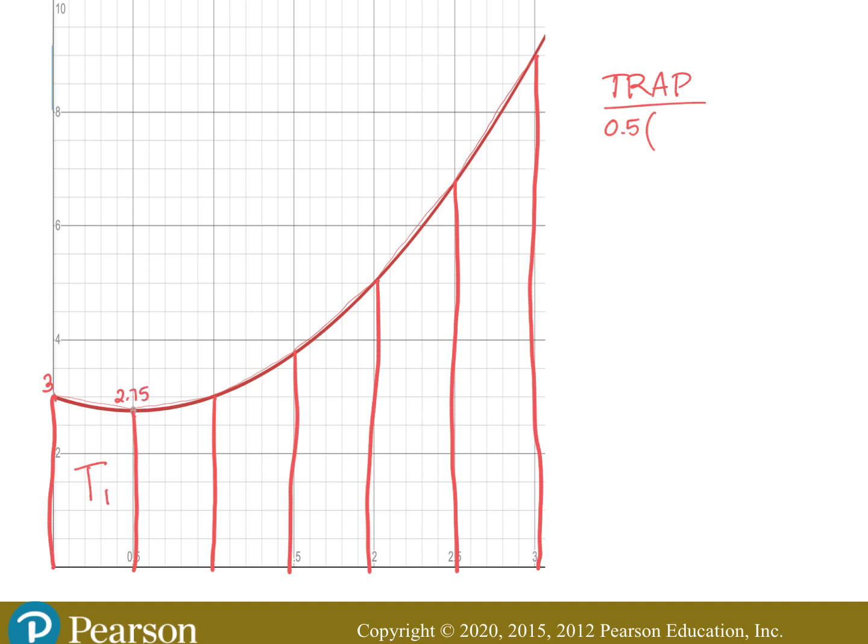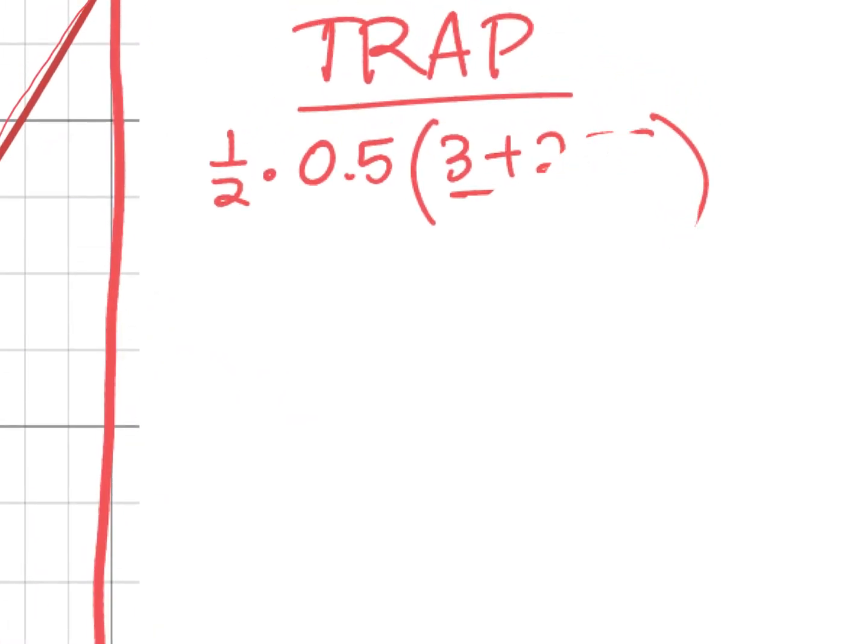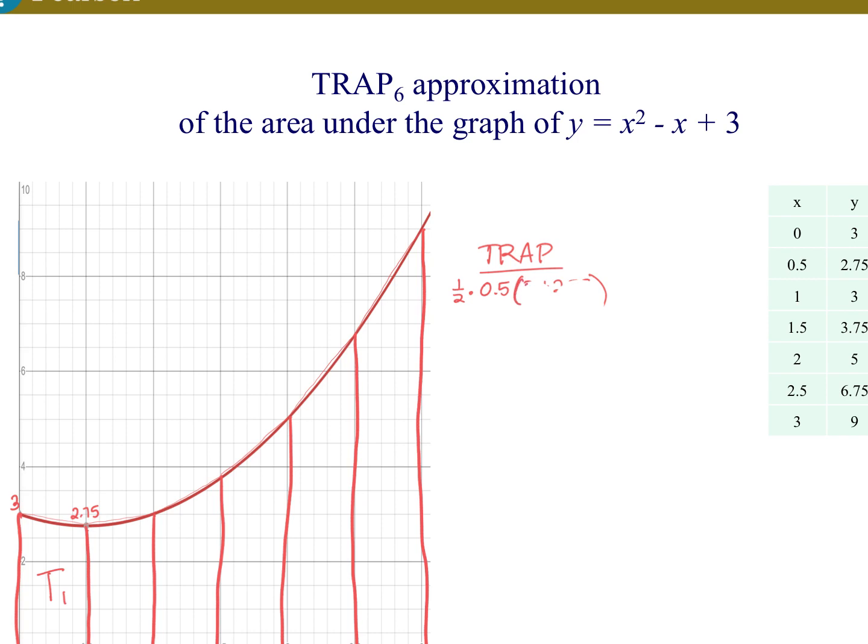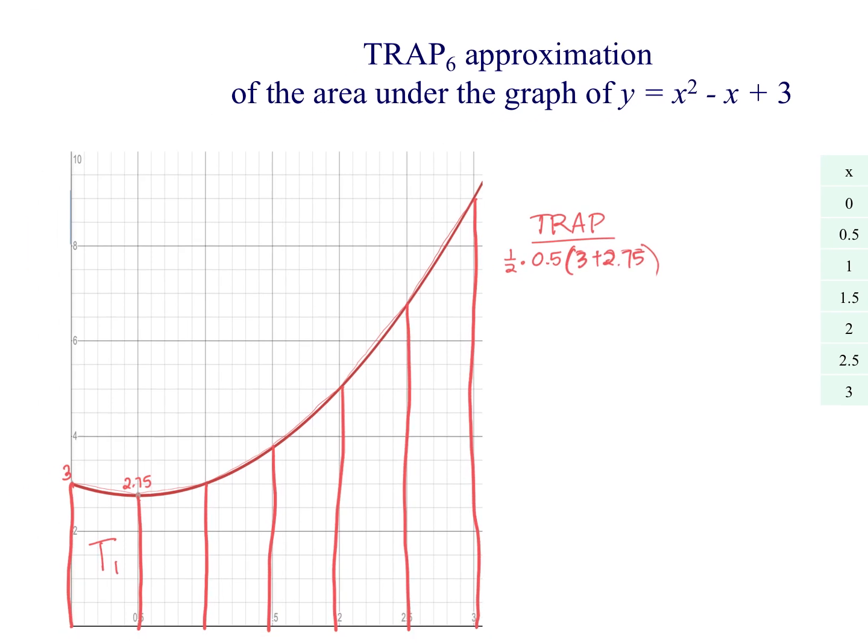So then I'm going to have 3 plus 2.75 divided by 2. I can write it like that. Or if you prefer, if you don't like the divided by 2, you could put 1/2 times 0.5 on the outside and then just leave the 3 and the 2.75 by themselves. So it's your preference on how you like that.